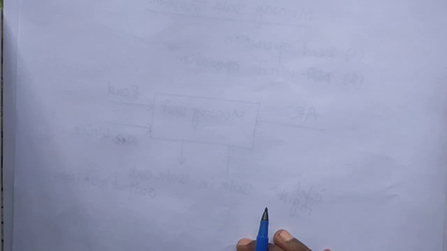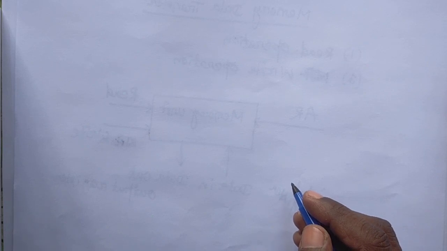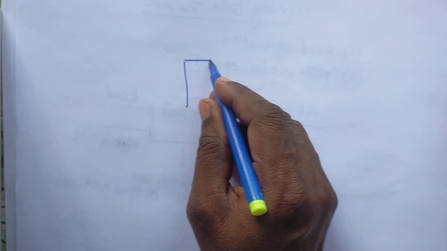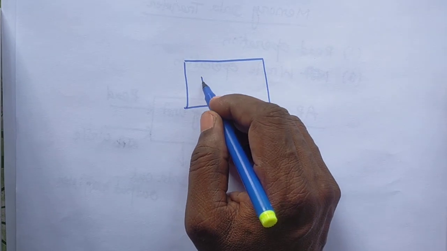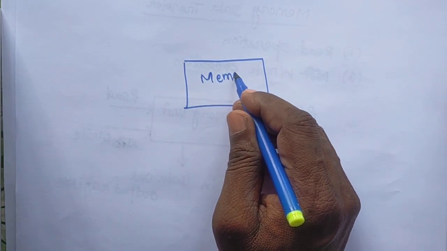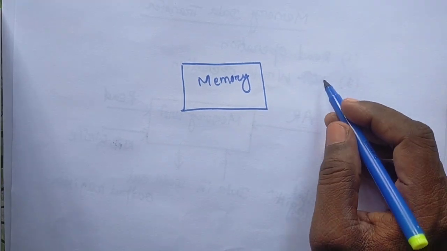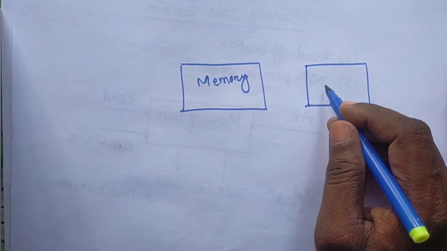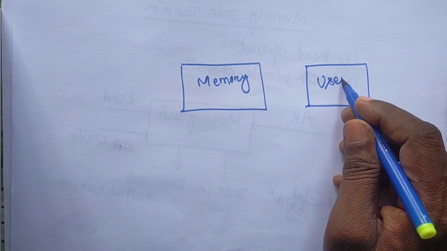Now we see a very simple example. Suppose here is a memory. Here is a user, because we people are the users.